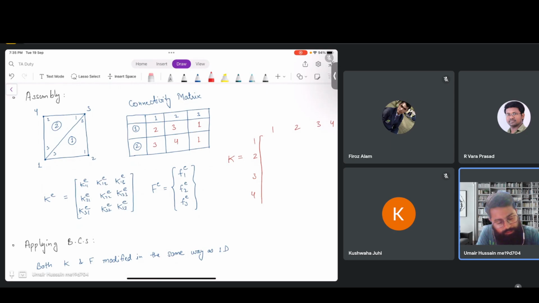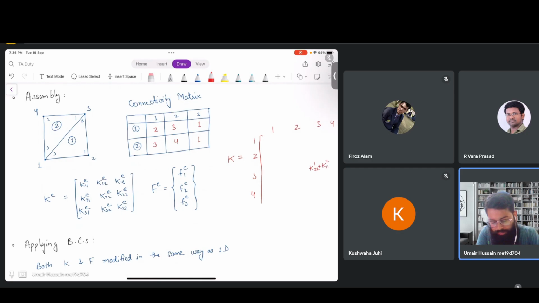Global node 3 is in both elements, so it should have contribution from element one also. For element one, global node 3 is present in the second local node, and for element 2 it is present at the first local node.